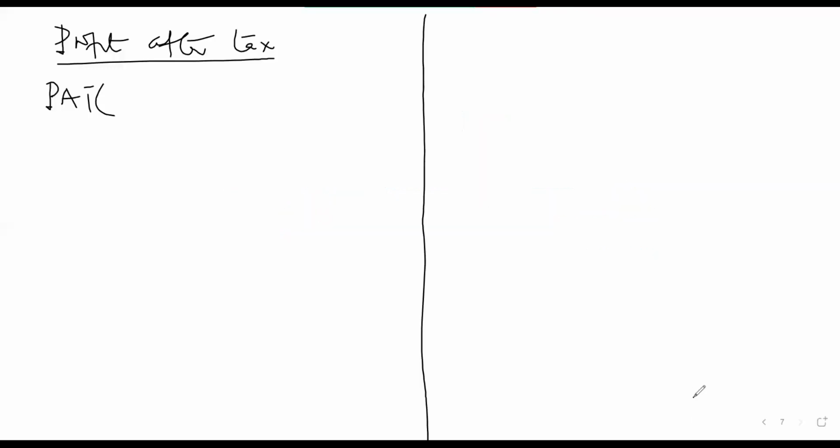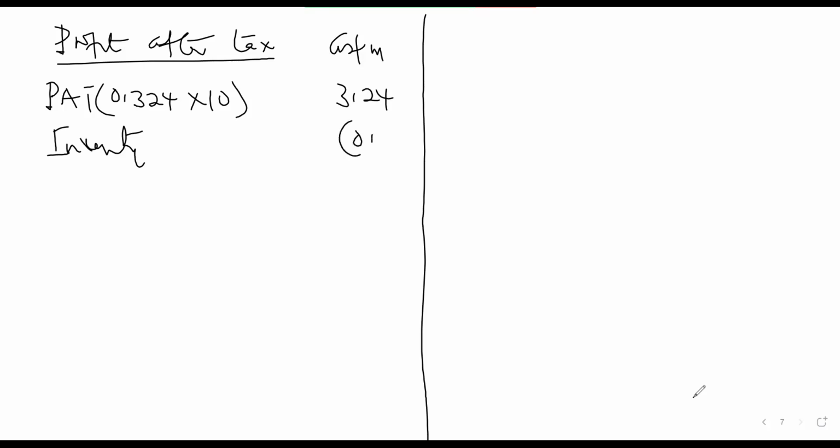It is the profit after tax divided by the 10 million shares. So our profit after tax is 0.324 multiplied by 10 million, which gives 3.24. So the inventory adjustment is an impairment of inventory that will be subtracted from this, 0.1. Let's go to the next one.